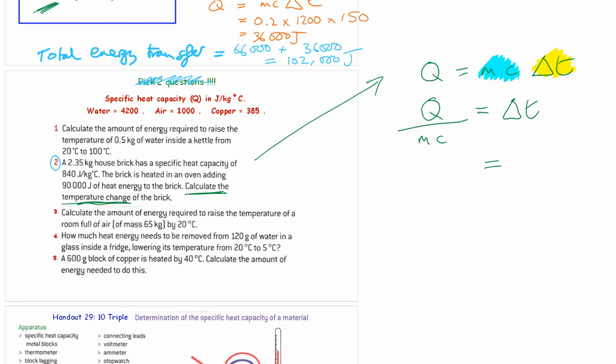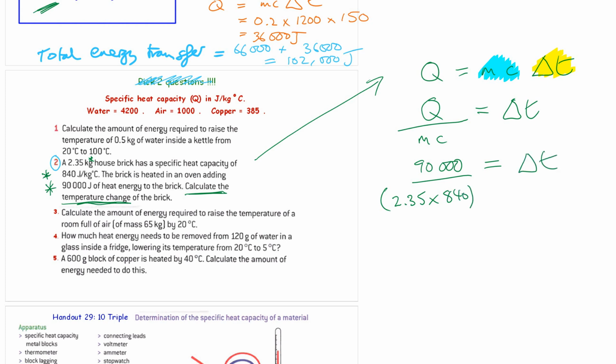So change in temperature is Q, the amount of energy. The amount of energy here is in joules. I can see that straight away. It's 90,000. And that is divided by the mass of the brick. I can see that here. It's 2.35 kilograms times by the specific heat capacity of the brick. That's there, 840.